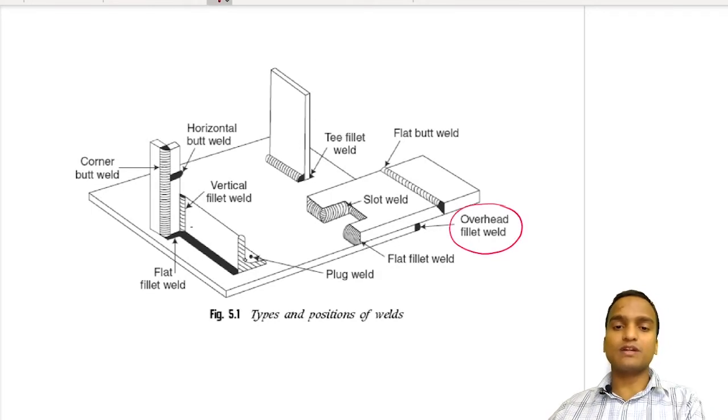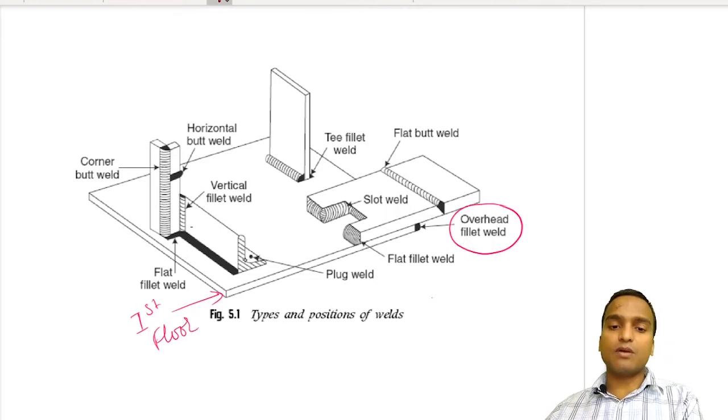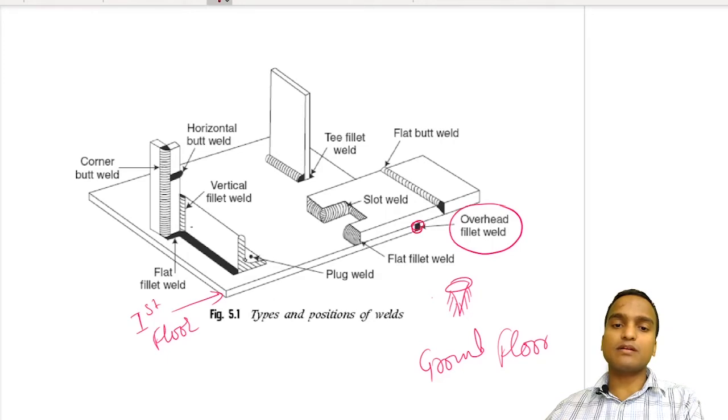You see this overhead fillet weld. Now if this is my first floor, and I look from the ground floor up to the top, such a weld which is done on the ceiling is under the category of overhead weld, and this is a fillet weld because this is a lap joint case.